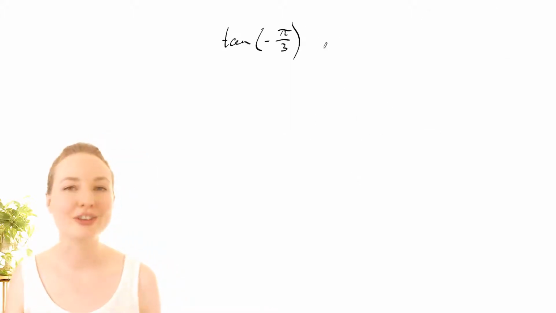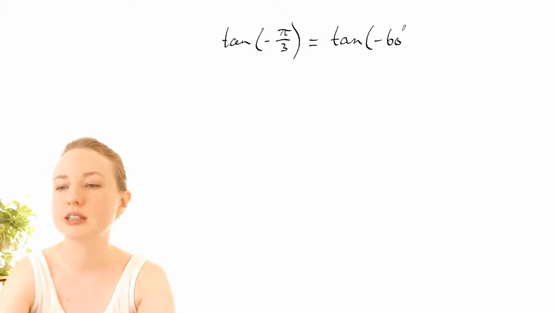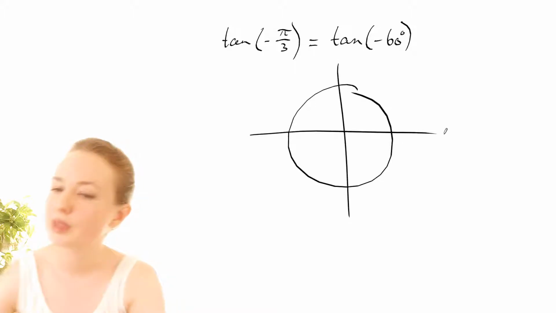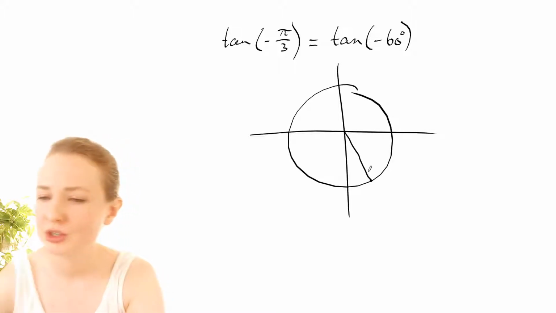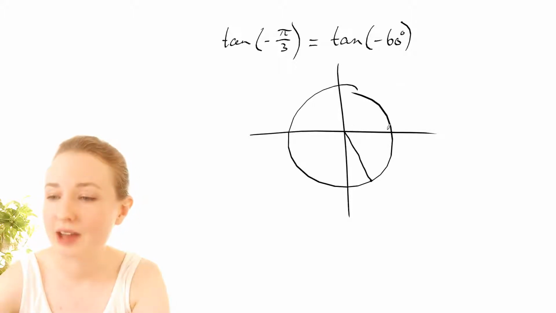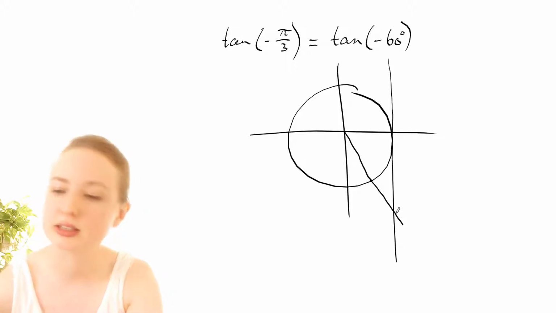Let's find tan of negative pi on 3, which, if you want to think of it in terms of degrees, is tan of negative 60. So where is that on the unit circle? That's going to be roughly there. It doesn't have to be too accurate. Just make it bigger than 30 and bigger than 45. So for tan, you want to draw in this line and then extend this line until it hits there.